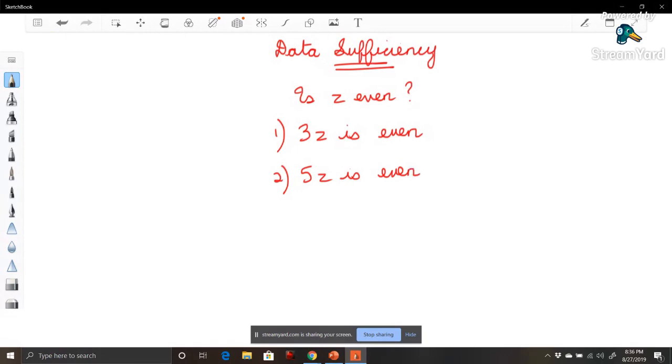Just a little caveat here. I'm not going into what the format of a data sufficiency question is. I'm assuming all of you know what the format is. You're going to be given a question. You're going to be given two statements, and you have to work with the statements individually first before combining, and you have to pick one out of A, B, C, D, and E as your answer. So I'm given a question here.